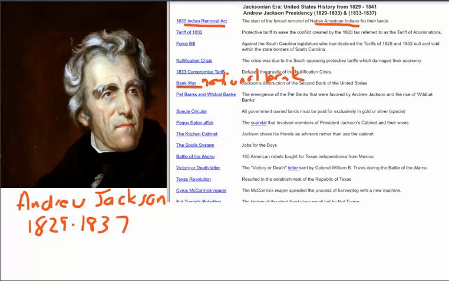Jackson was the first president to really institute what's called the spoils system, from the saying "to the victor go the spoils." And what Jackson did was reward his political supporters with jobs in the government. Everyone who was of the other political party who worked for the government would be fired, and those jobs would be taken by supporters of Jackson who helped him get elected, even if those people were corrupt or unqualified for office.